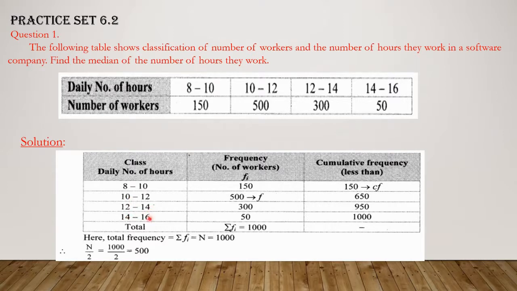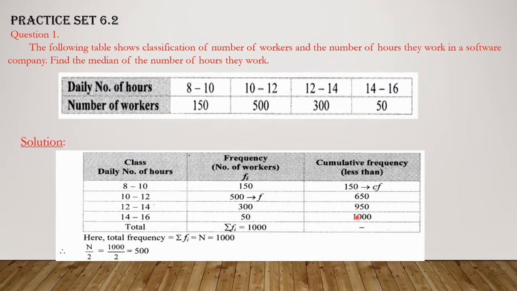The frequencies are 150, 500, 300 and 50. The sum of the frequencies, sigma Fi, is equal to 1000. The cumulative frequencies less than: the first is 150, the second is 150 plus 500, that is 650, 650 plus 300 is 950, and 950 plus 50 is 1000.